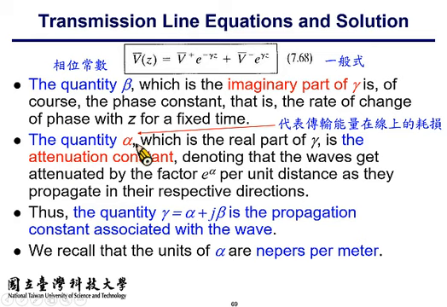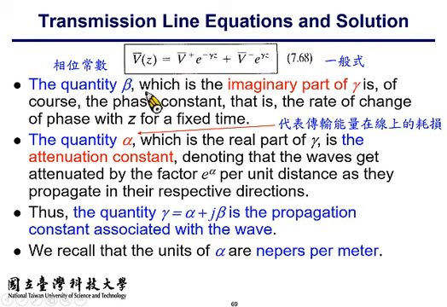The quantity alpha, which is the real part of the propagation constant gamma, is the attenuation constant, 耗损常数, denoting that the wave gets attenuated by a factor of exponential alpha per unit distance as it propagates in the respective direction, which can be either the positive z direction or the negative z direction.